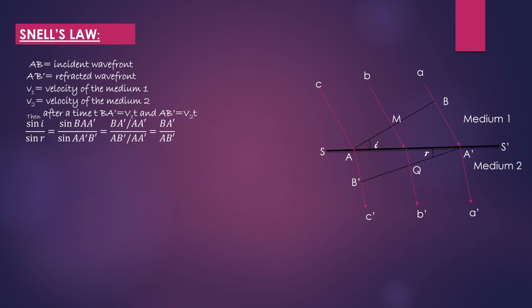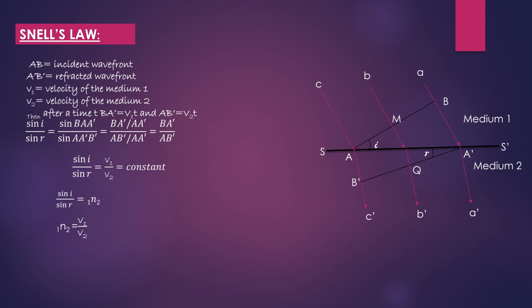Now we'll use trigonometry and find sine I and sine R. Sine I is equal to B A dash divided by A A dash, and sine R is equal to A B dash divided by A A dash. We divide sine I and sine R, and we get B A dash divided by A B dash.